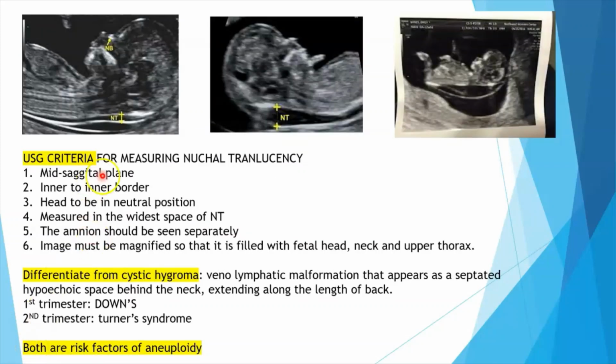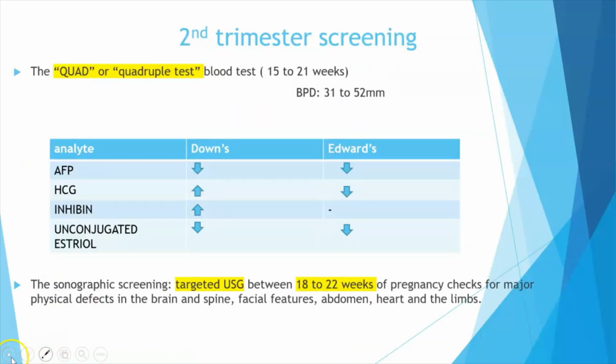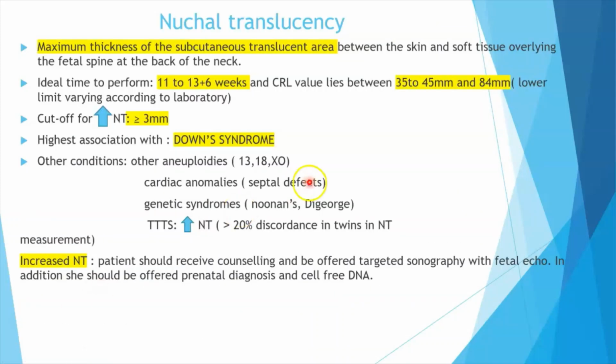As you can see in this picture, this is the soft tissue, this is the skin which lines the back of the neck, and this is the subcutaneous tissue. What is the ideal time to perform nuchal translucency? It is 11 to 13 plus 6 weeks, and the CRL value lies between 45 mm and 84 mm.